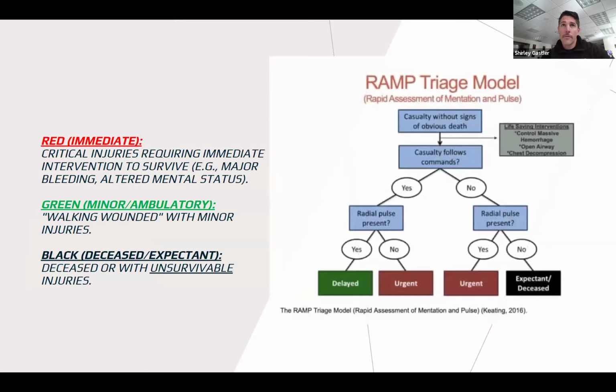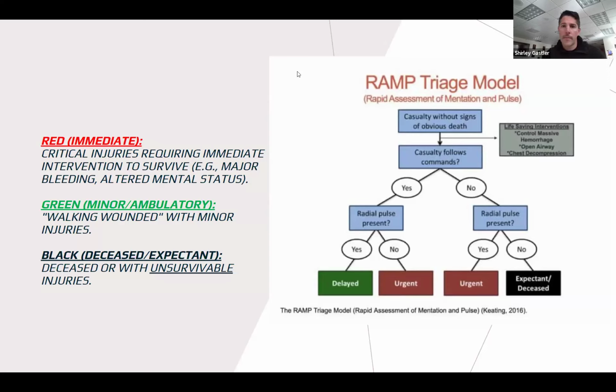In our SEMS model, and we did this back when we worked with SSM as well, we had a lot of discussions about what would be the best triage process. Looking at the numbers, looking at the data, we decided that when you do the red, yellow, green, a lot of yellows were mischaracterized either up or down.